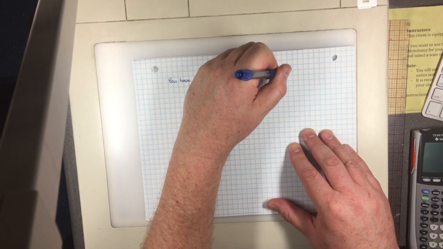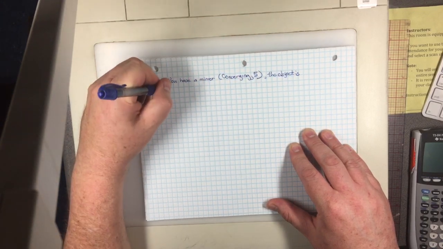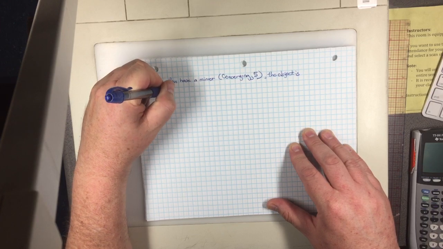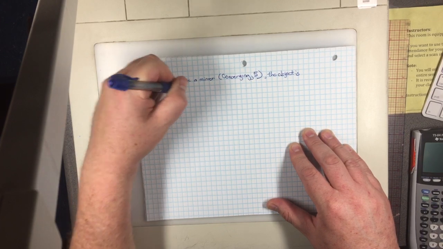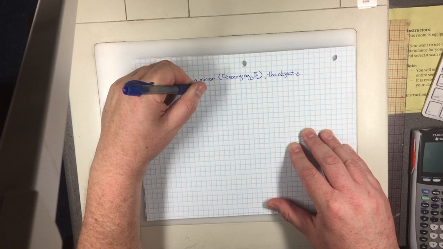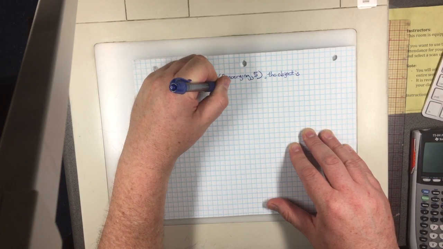The object is, hold on, let me see, 25. Let's make it 30 centimeters away from the mirror.